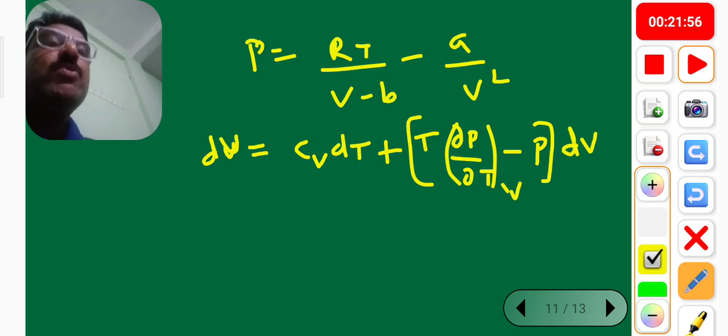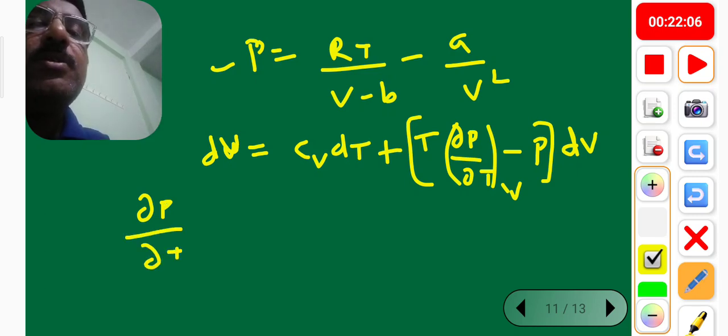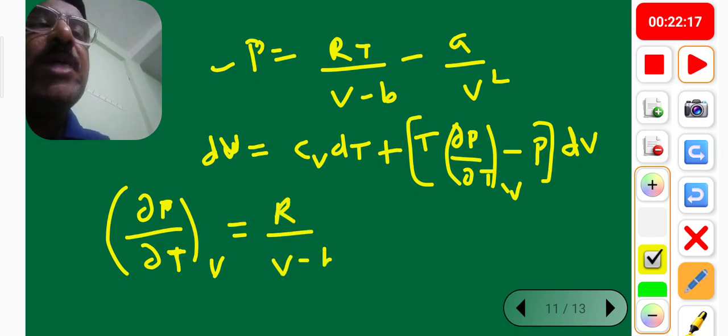So this is your du, internal energy change, and pressure is given here. So I am going to find ∂P/∂T at constant volume. How much will that be? If you differentiate, you will get R divided by V minus b.